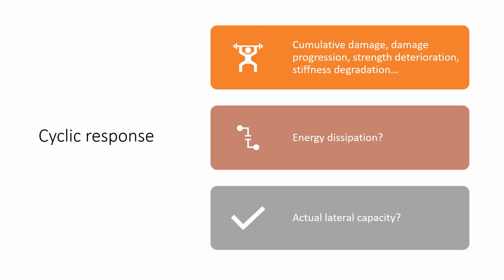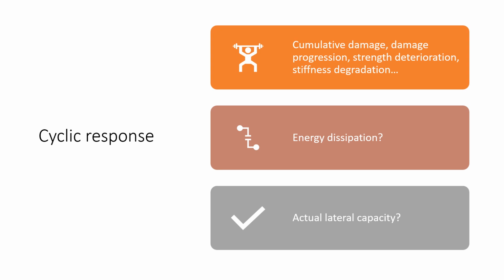The other obvious intrinsic limitation is the one in which we perform monotonic analysis and tend to represent a cyclic response. Cyclic response implies cumulative damage, damage progression, strength deterioration, stiffness degradation, all aspects that cannot be fully reproduced by means of a monotonic analysis.